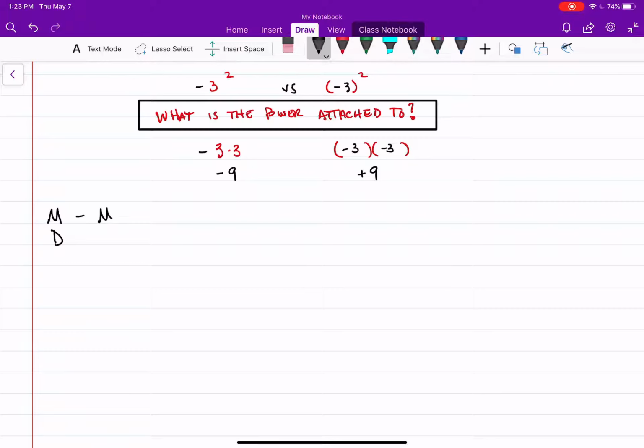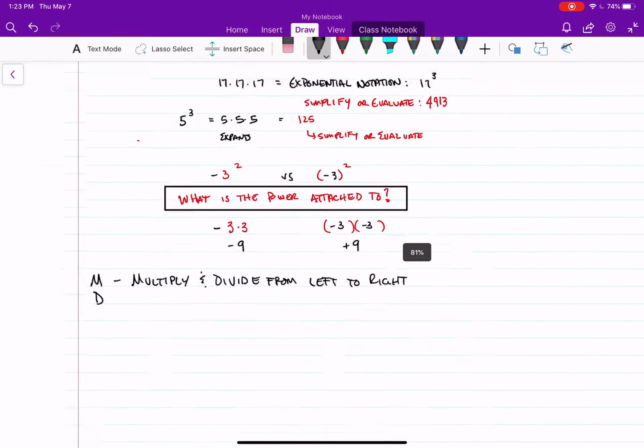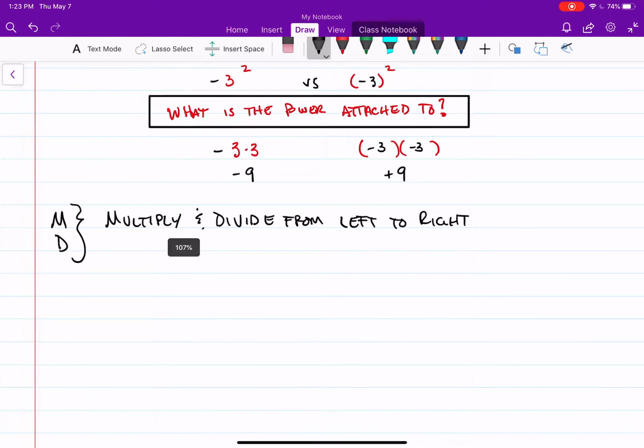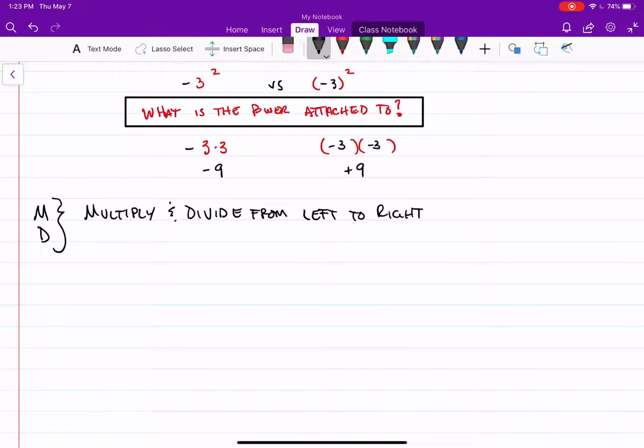M stands for multiply and divide, from left to right. Okay, so that's what that stands for.